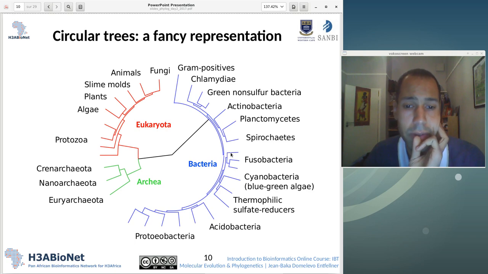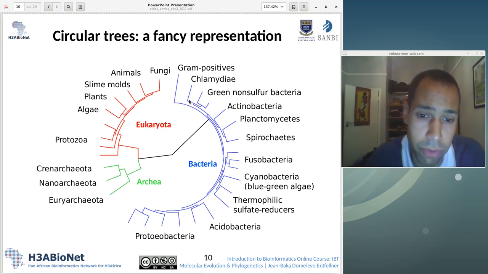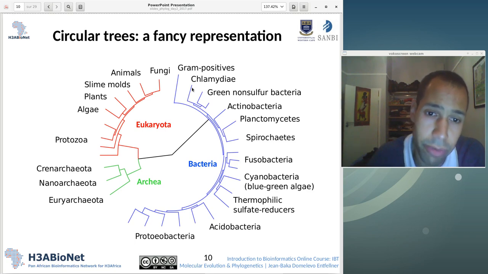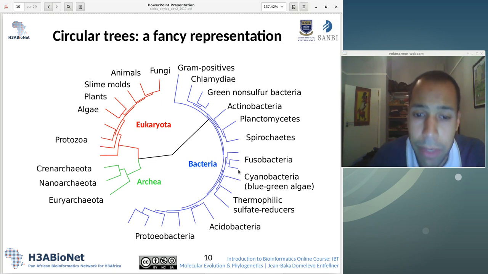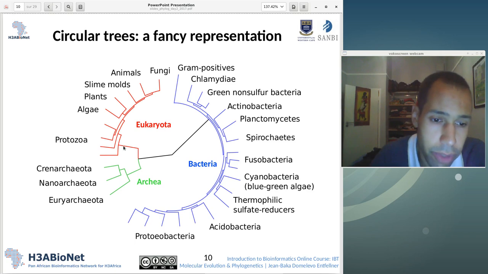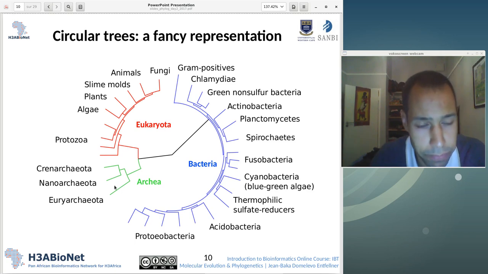Okay, so sometimes you will see a tree like this, but the branch length do not convey an evolutionary information of how long was the evolution from Chlamydia, for instance, to its direct ancestor. Sometimes the branch length are just made to fit the picture and to have a nice round circular representation. Here it's the tree of life.